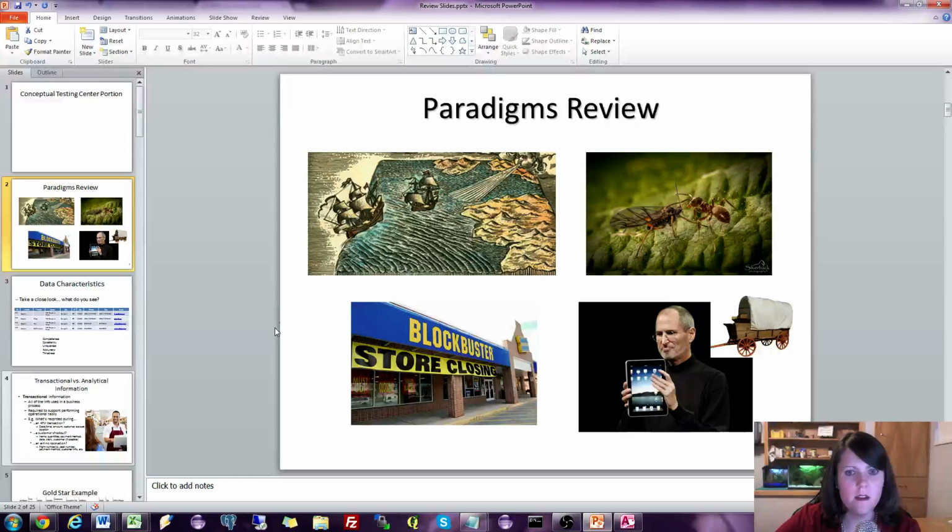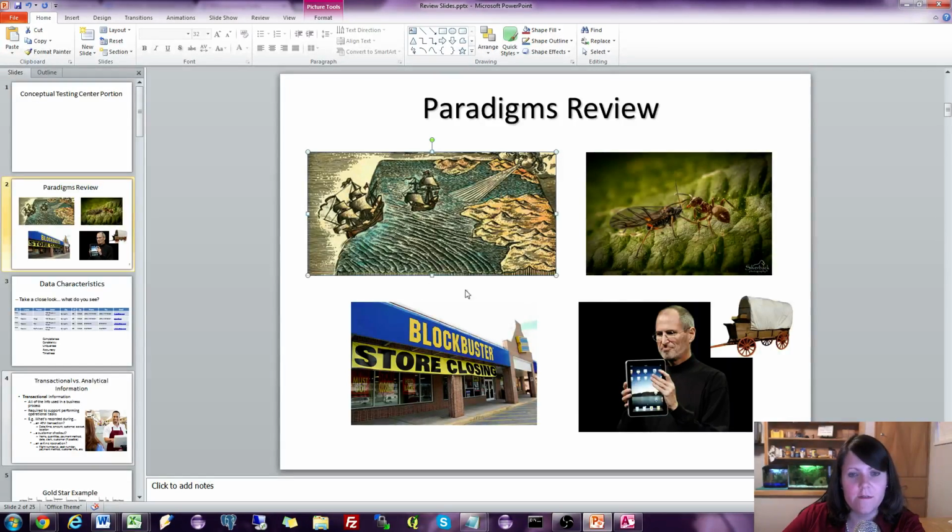Going back quite a ways, at the beginning of class we talked about paradigms and paradigm shifts. I want you to think about what we discussed in terms of the Christopher Columbus picture here. We said that paradigms establish the boundaries that we have, as well as set the rules that we need while we're interacting in the world.